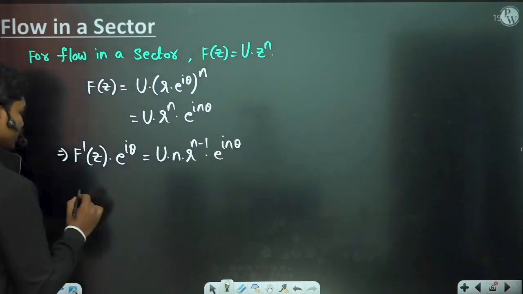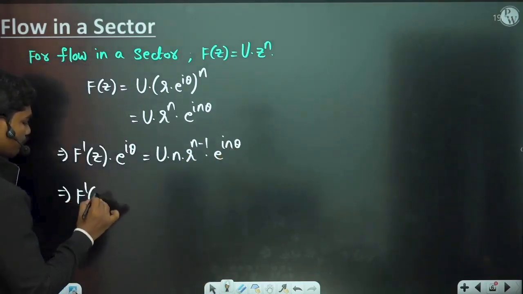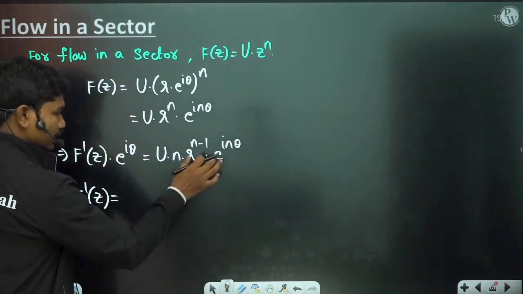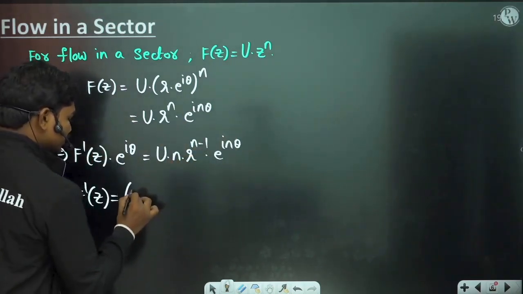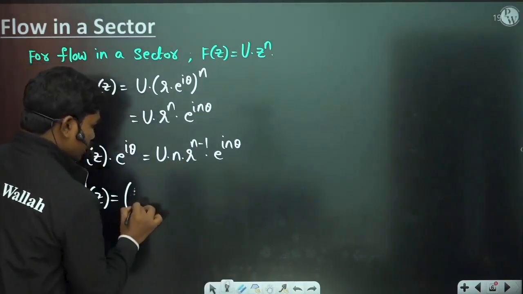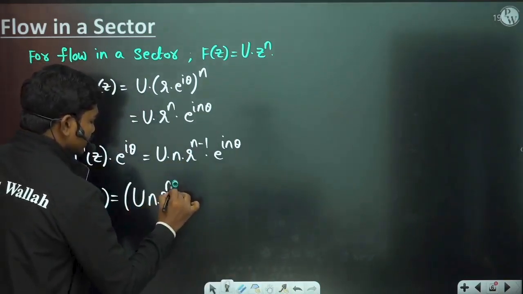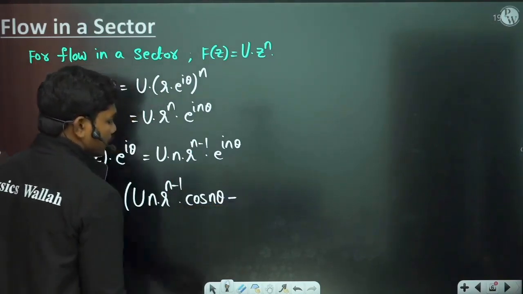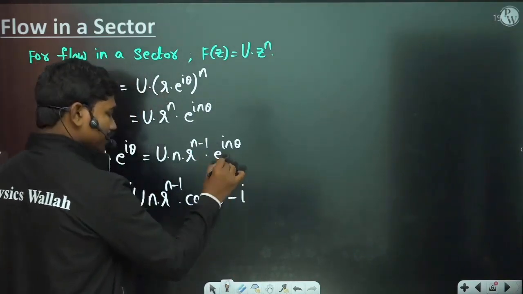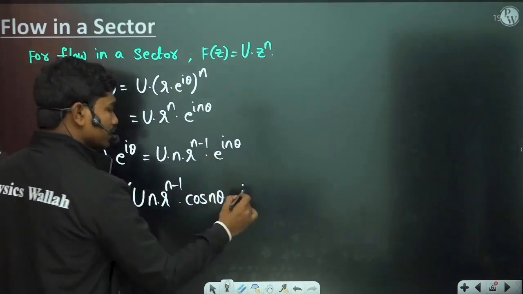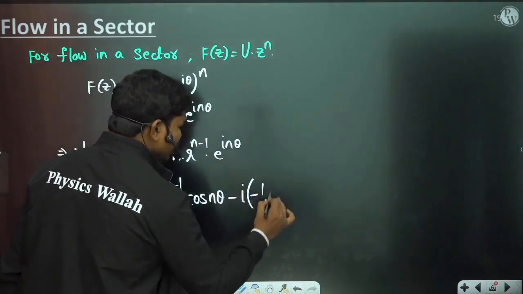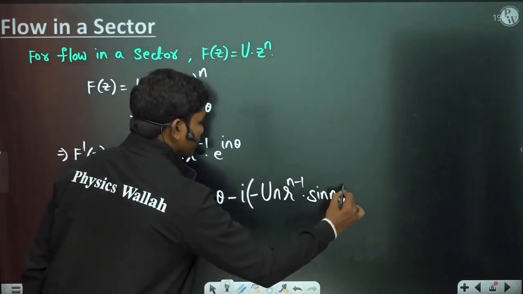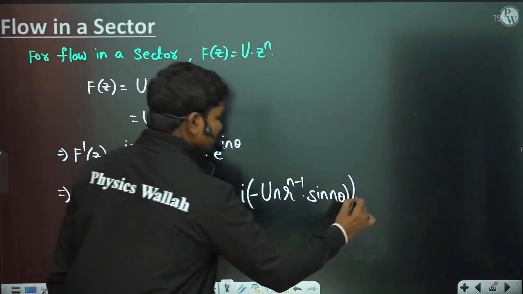If you expand, f dash of z is u n r power n minus 1 into cos n theta minus i sin n theta, whole multiplied by e power minus i theta.